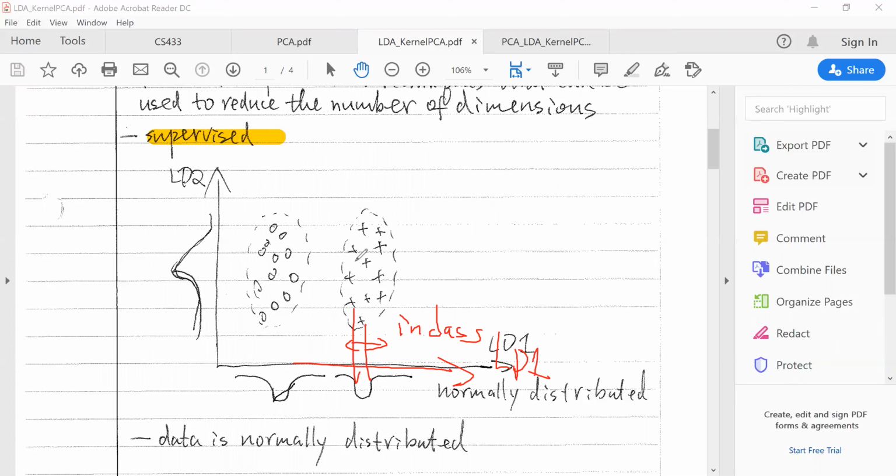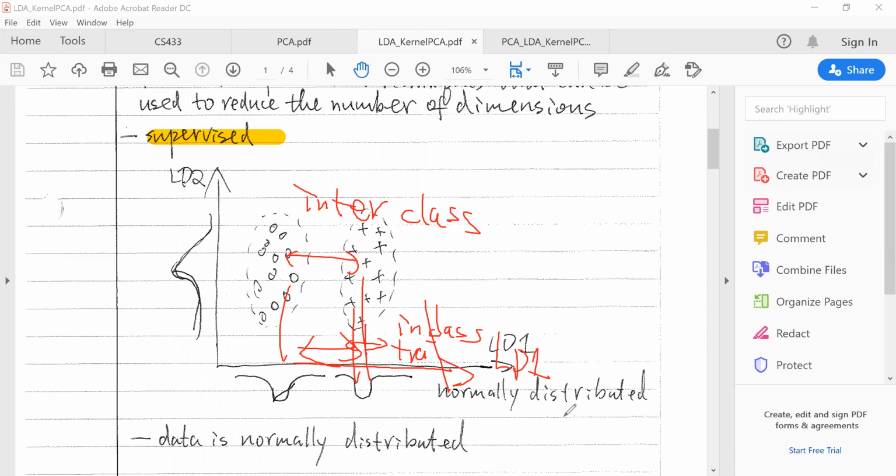And between the star and the circle, those are interclass, so between different classes of data. Between different classes, you want them to be projected as far away as possible when you pick this component.